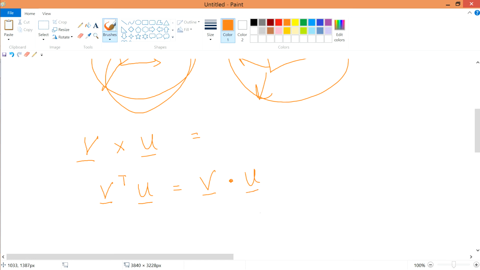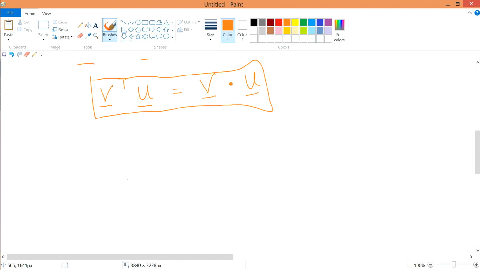I'm not going into details, but I want to let you know that v transpose u is equal to your dot product, and in these terms this is considered one of the multiplications of tensors. We will go through it in the next few videos, but I want to give you this concept first: v transpose u is equal to v dot u.